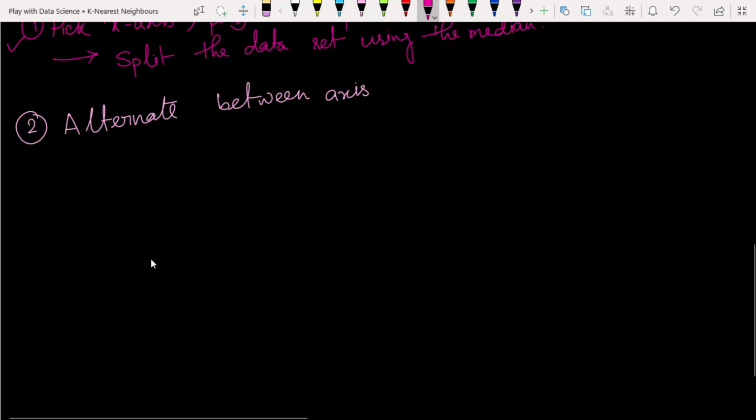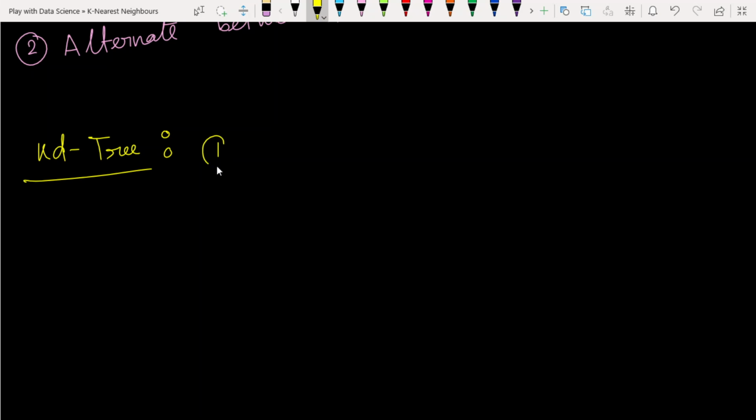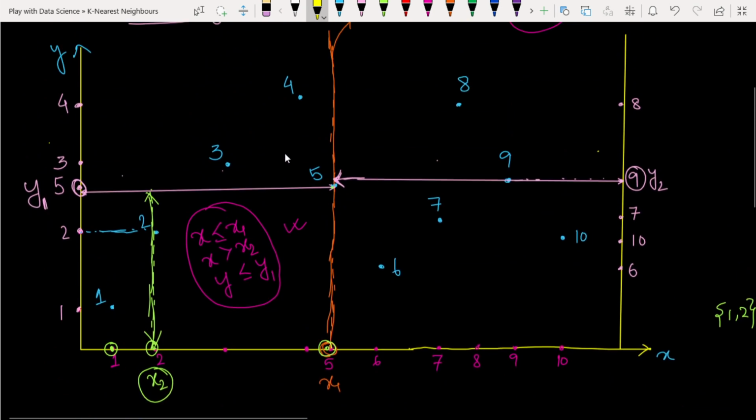So what are we doing to build a KD tree? Let's summarize. What are we doing in the first step? We are breaking my space. This one is the whole space.